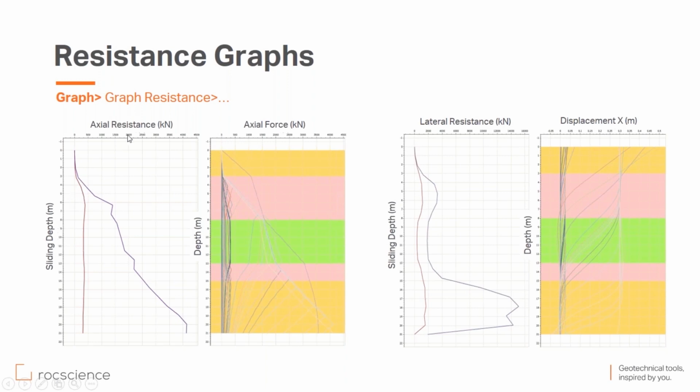So these are results of the resistance for different sliding depths for axial and lateral. And you can also plot different results for different sliding depths. So each line here represents a sliding depth along the depth of the pile. So you can also plot different results here. In this case, I have the axial force. In this case here, I have the displacement in X for the lateral.